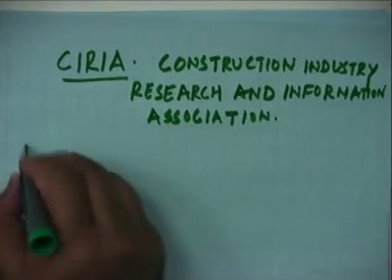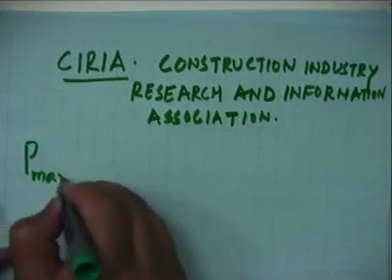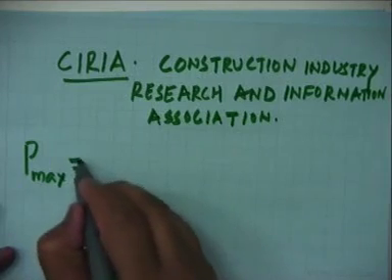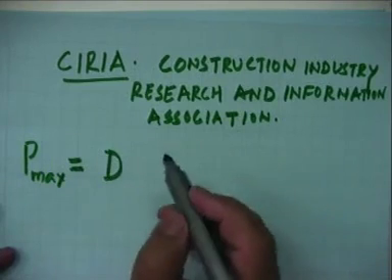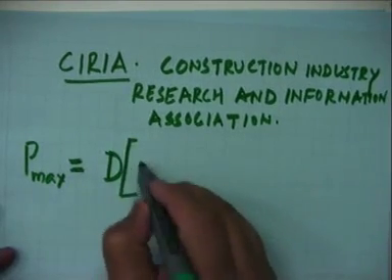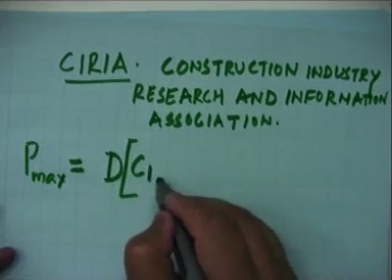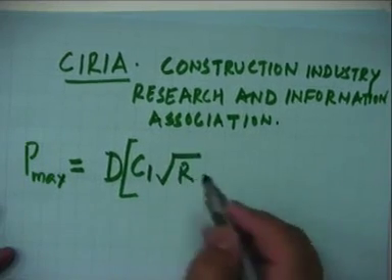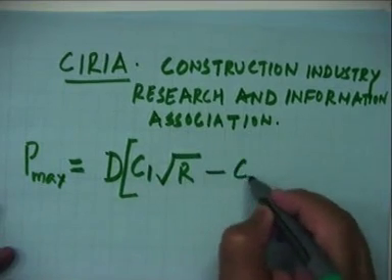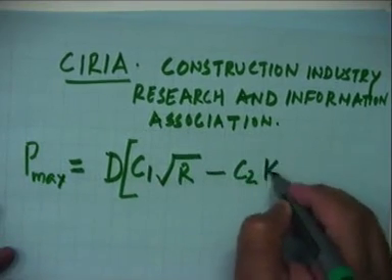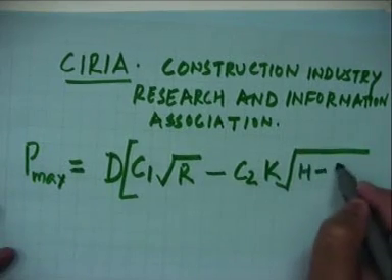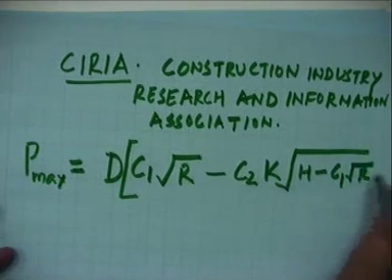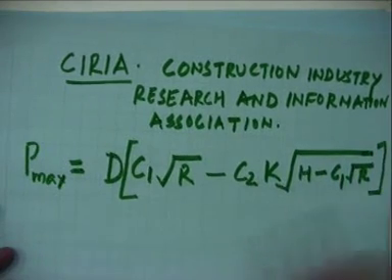Right. Now, they have given a formula for maximum lateral pressure, which is slightly complicated. You know why? Because there are so many variables involved. D multiplied by C1 under root of R, I will tell you what this R means, minus C2 K under root of H minus C1 under root R. First, you note down this formula.